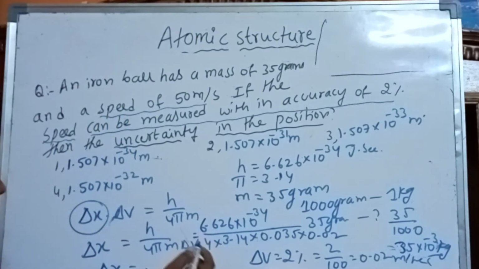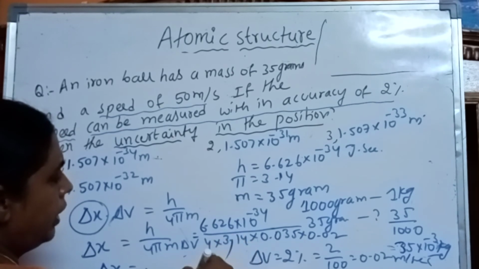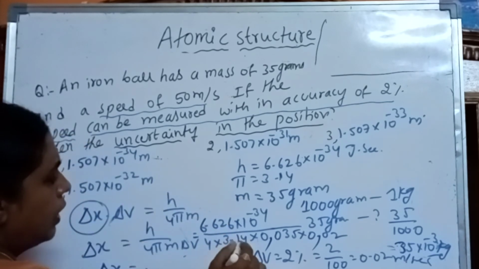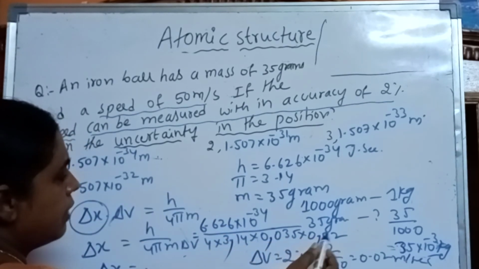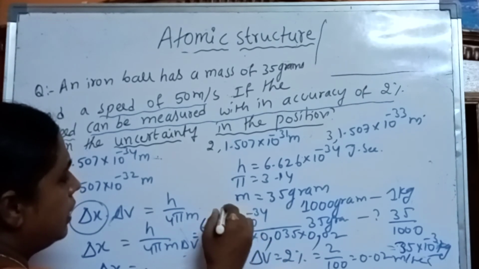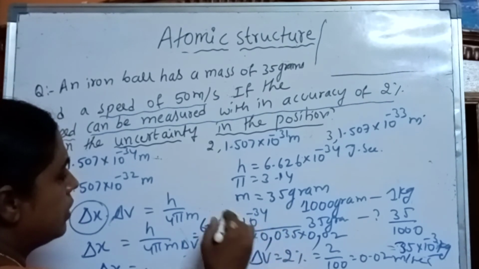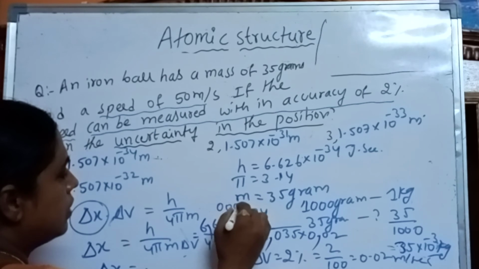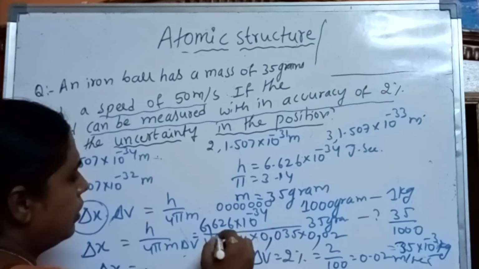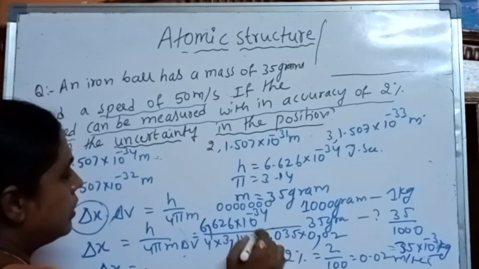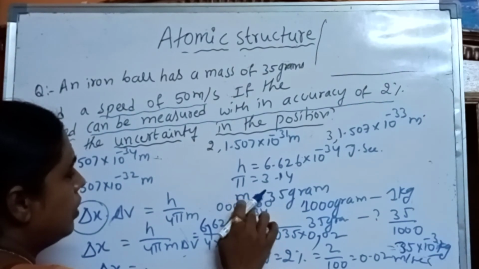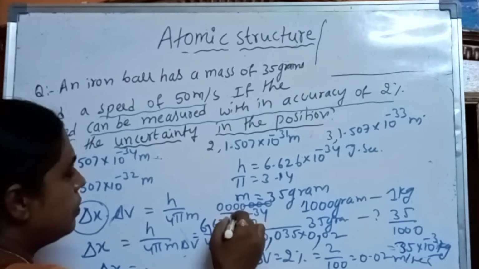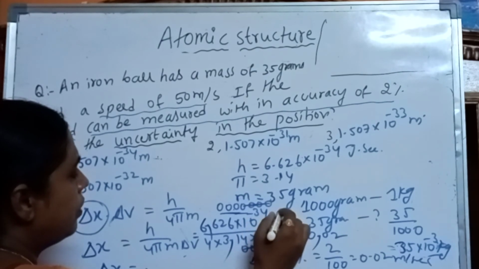See here, 6.6 here with the decimal points. Counting the zeros, 3 cancels with 3, and the remaining make 4 zeros in total, which means a power of 4.